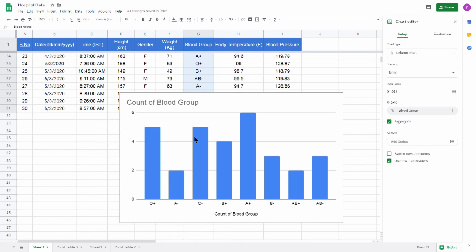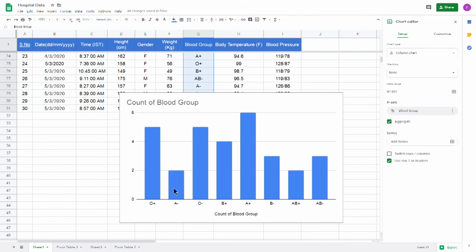Next is both O minus and O plus. Then I have B plus, then I have AB minus, B minus, and then I have A. So, I might want the bar chart to be arranged in a different order, and there is no problem in having a different order.